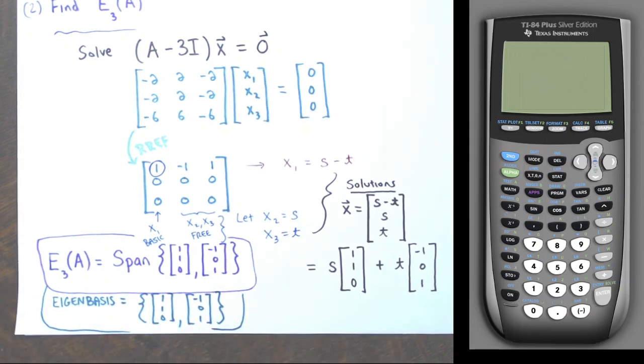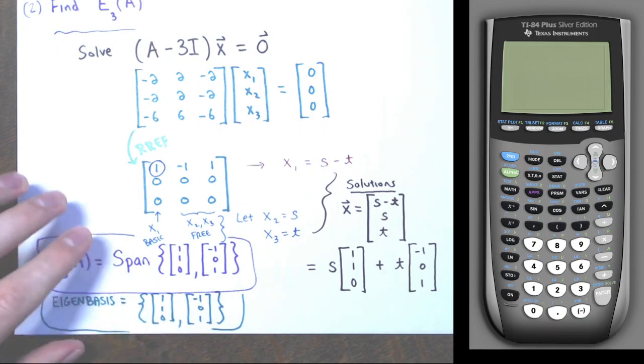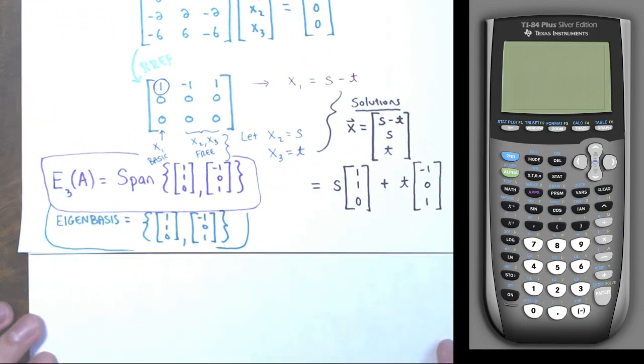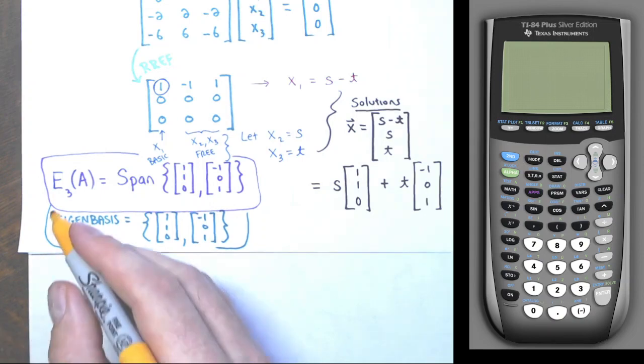And we're seeing now that the dimension of this space, this eigenspace corresponding to 3, is 2. There are 2 vectors in an eigenbasis, and that's also called the geometric multiplicity of lambda equals 3.